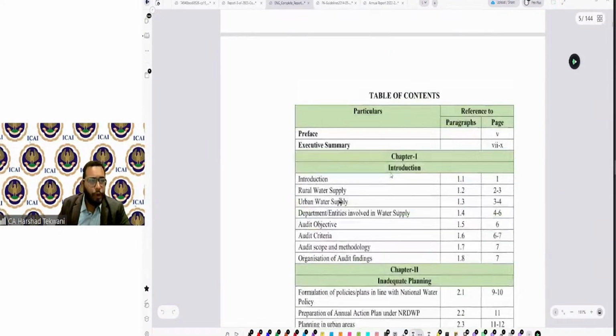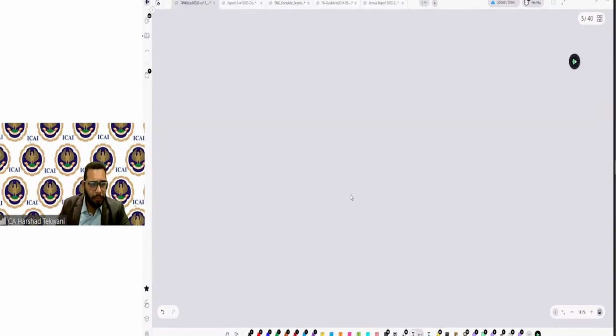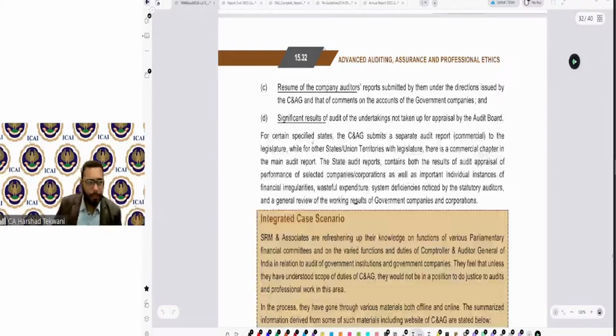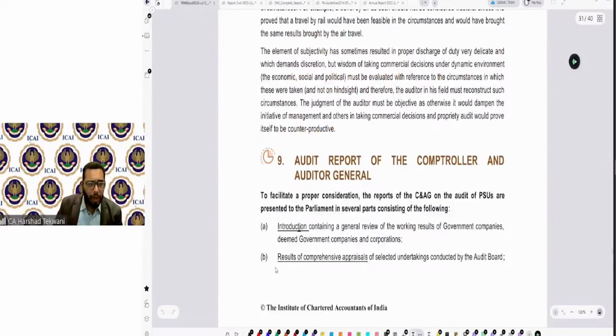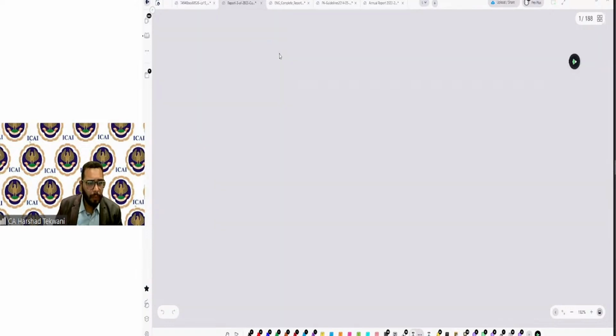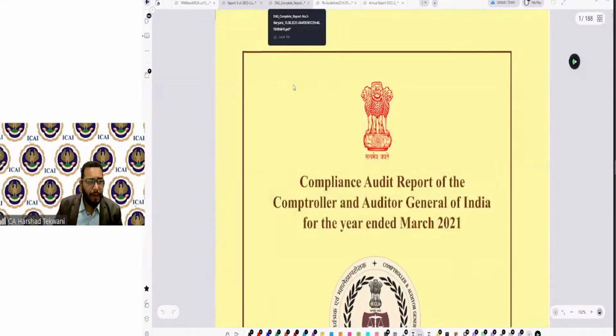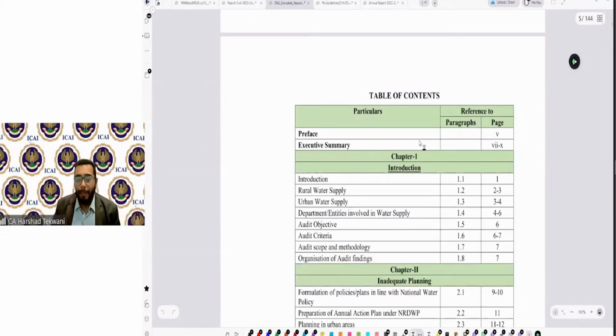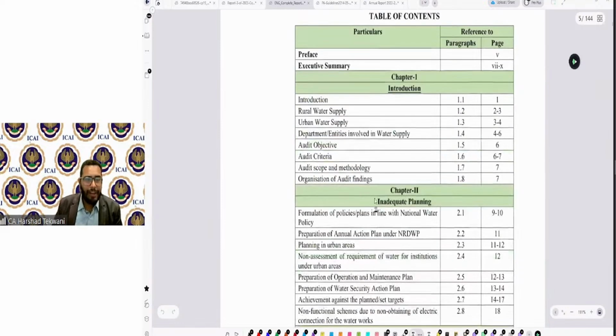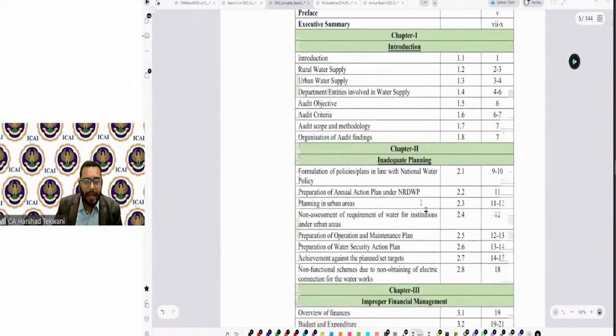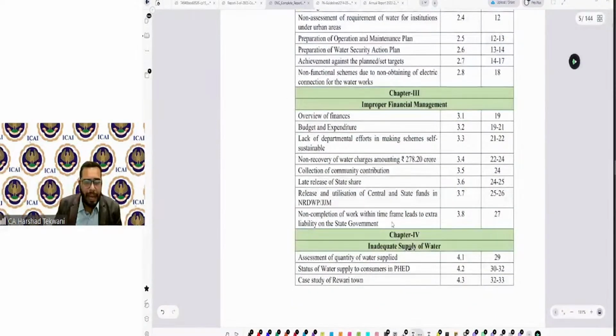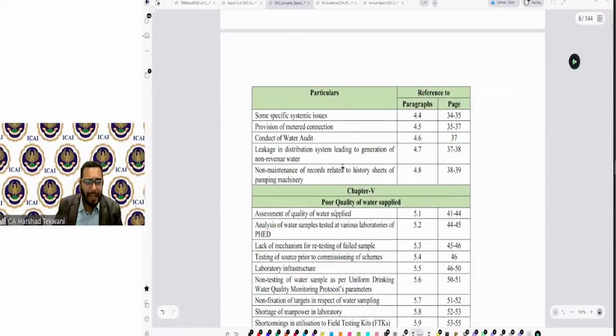What this report covers is, for example, the introduction. Okay, that is the content of the report. They provide the introduction and the results of the comprehensive appraisals. Now, in this particular scenario, comprehensive appraisal means testing. Whatever testing you have done, those results will be there: inadequate planning, improper, inadequate, whatever observations have been identified.